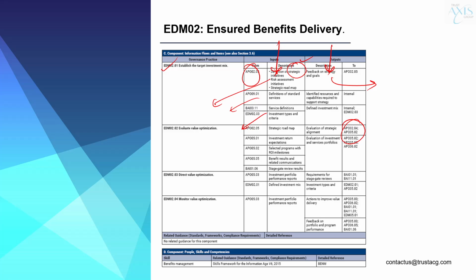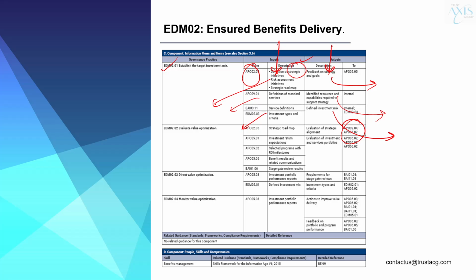It can also help you provide a list of identified resources and capabilities which are needed to execute the strategy, and eventually an investment mix which is defined and shared internally for further evaluation, right? So essentially, this practice will help you ensure that the enterprise's IT investment portfolio is strategically structured and completely well justified.